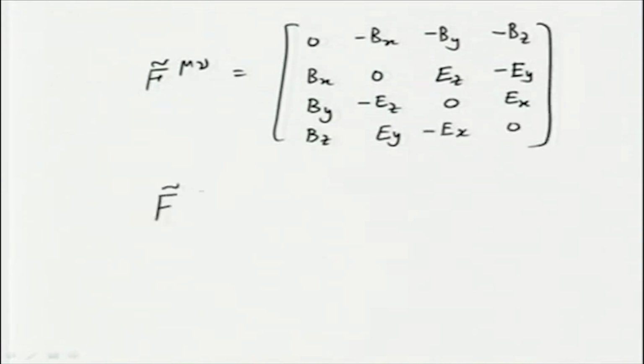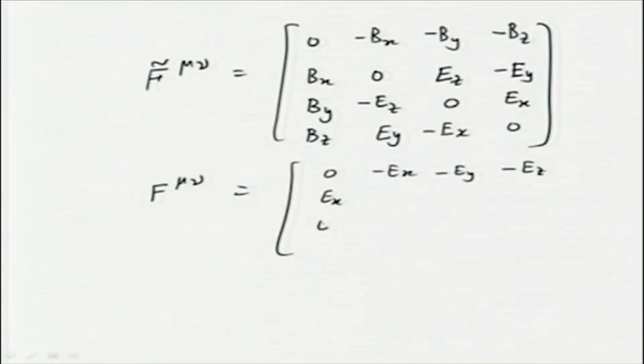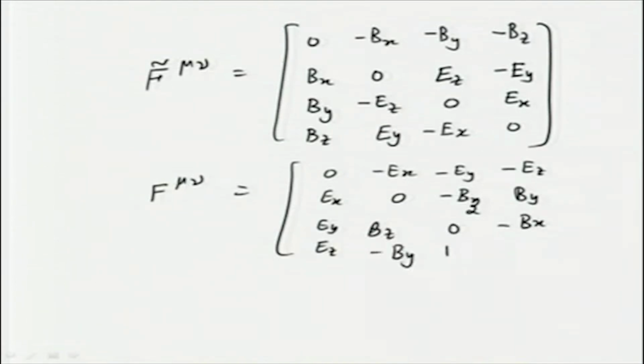Let me also write down F mu nu alongside. F mu nu we had 0 minus E x minus E y minus E z, E x 0 minus B z B y, E y B z 0 minus B x, E z minus B y B x 0.